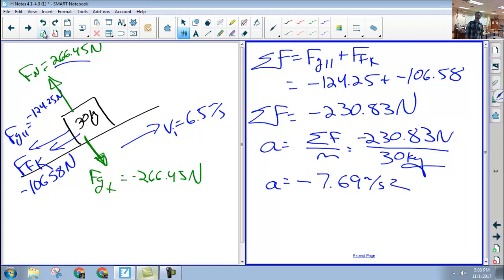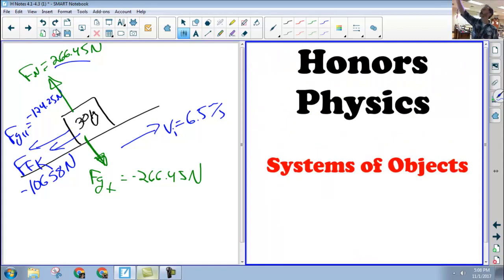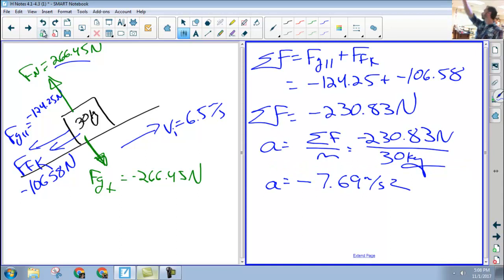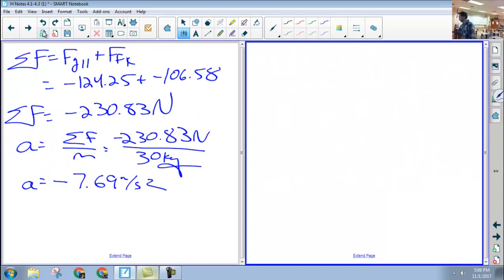And the problem wanted to know how far it would slide up the ramp before it stopped. Here's what we know. We know our initial velocity is 6.5 meters a second. It's going to stop eventually. We just found our acceleration.